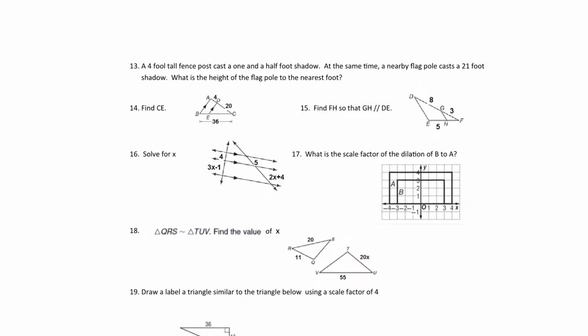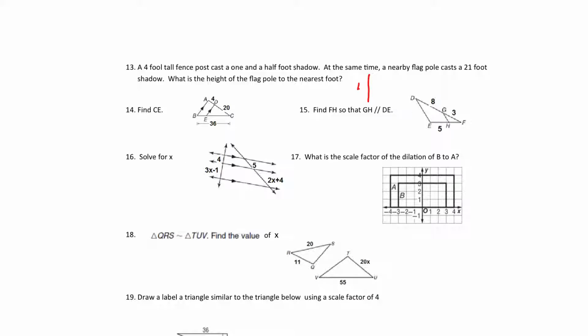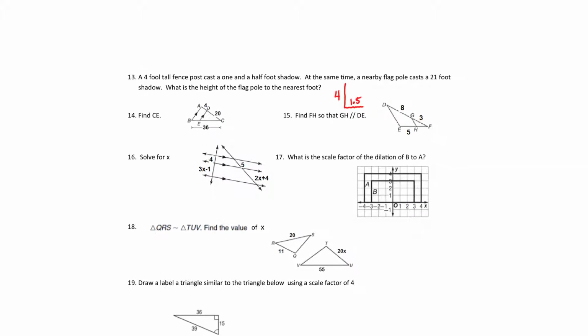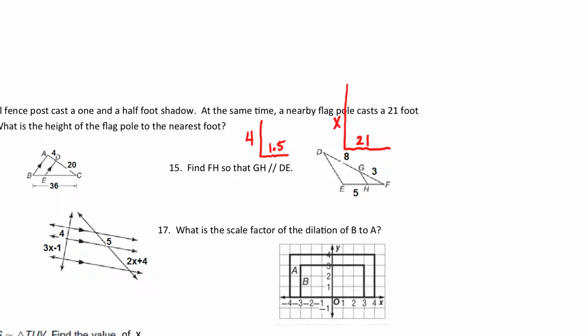All right. So on this one, a 4-foot tall fence post casts a shadow that is 1.5 feet long. At the same time, a nearby flagpole casts a 21-foot shadow. We want to know how tall that flagpole is.